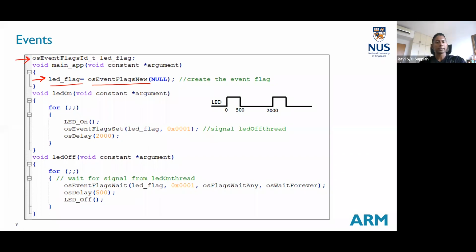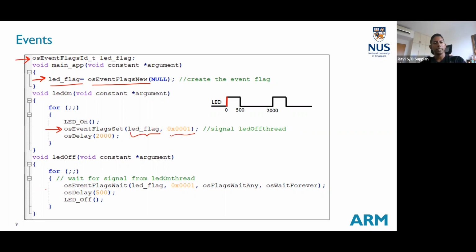Once that is done, then in this same scenario, I turn on the LED. Then I set the event flag. But now, since it's a generic flag, I need to specify which event flag I'm talking about. So this is to set the LED event flag, and I set a value of 1.